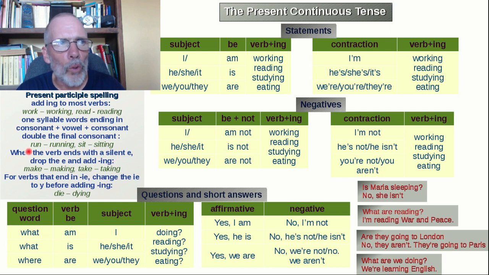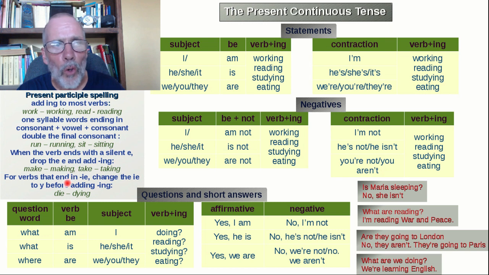The next rule, when the verb ends in a silent E, this is the important bit, that the E is silent, we drop the E and add ing. So we see that make, make, make. The E is silent, so the spelling is making. And take, again, the vowel E is silent, so on the spelling we drop the final E and we say taking.